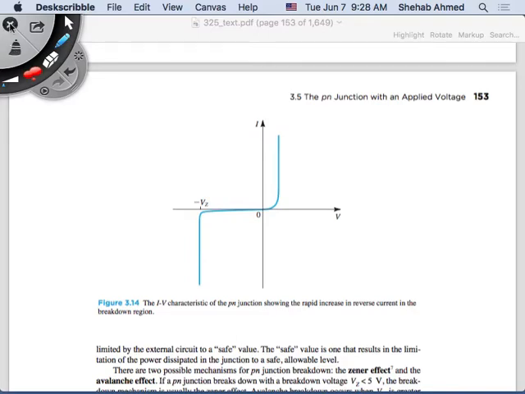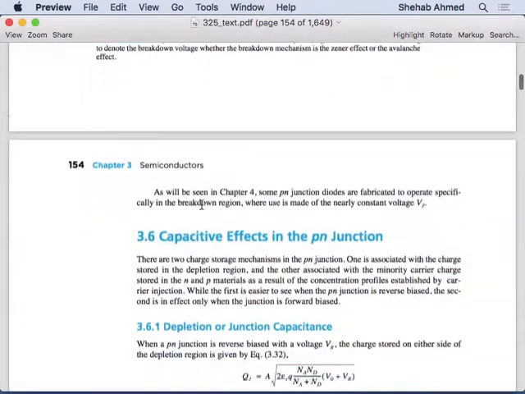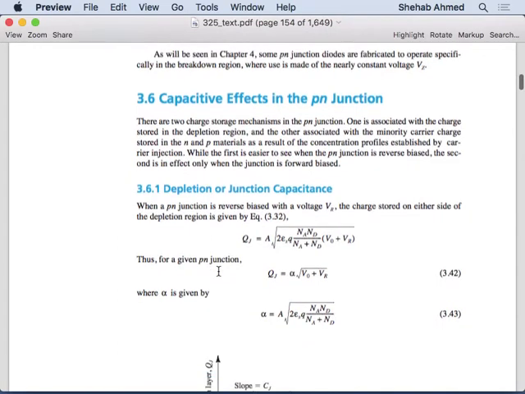So this is a summary of what I want to talk about here. And then these next two sections, this section 3.6, I will skip. Basically, it talks about, okay, we've been talking about charges moving, right? Using what? Drift or diffusion, right? And storing charge in the depletion layer, and then recombination due to diffusion. We talked about that.